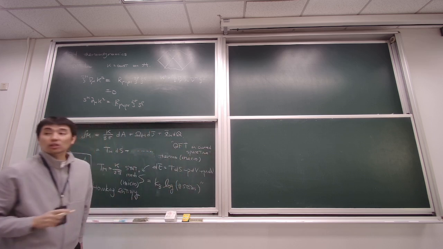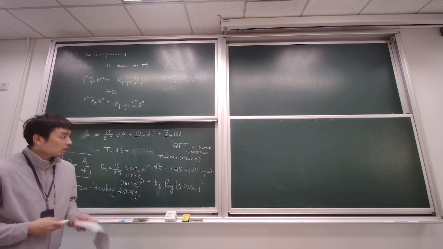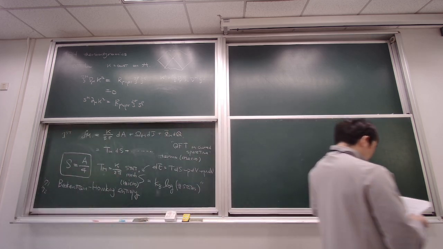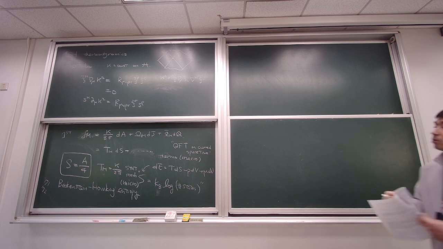To understand a microscope, understand a black hole, we need to introduce that's a motivation from now on. So before going to that, last time I tried to derive this one by the so-called physical process.